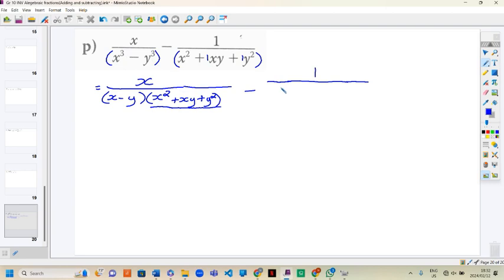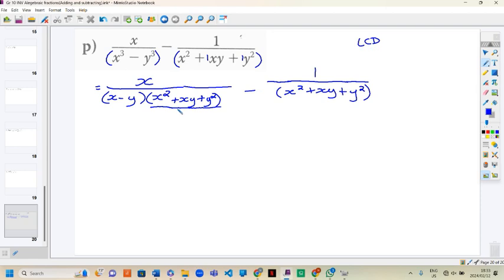So I'm going to keep this the same: x squared plus xy plus y squared. Now I see I've got a minus there. Ding, ding, ding. What's happening in my brain? Lowest common denominator. Awesome. I look at what's common.